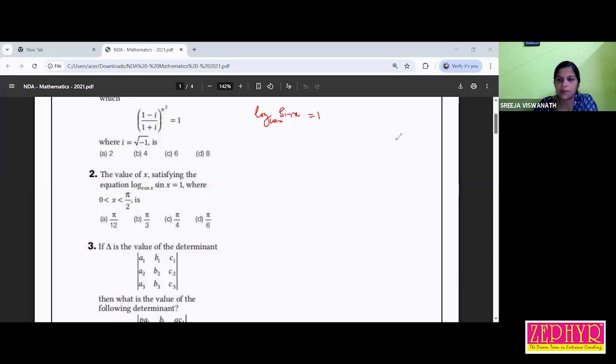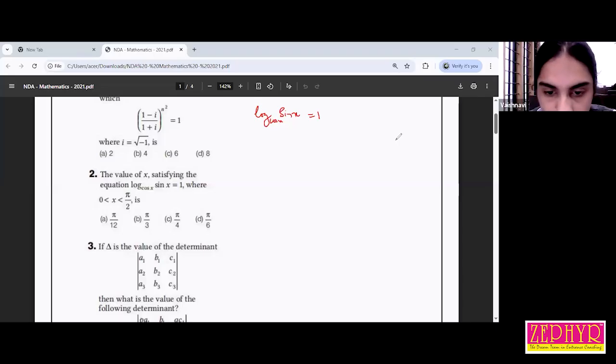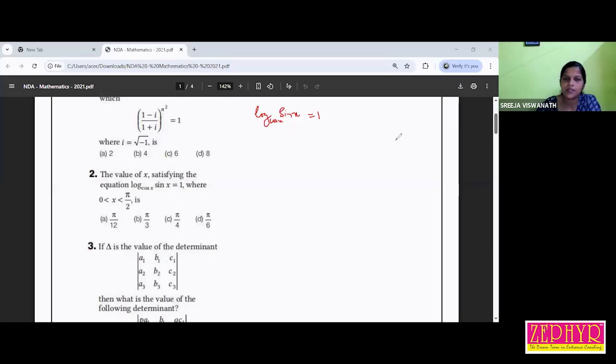How did you do it, Vaishnavi? Ma'am, log sin x to the base cos x is 1, so cos x raised to 1 is equal to sin x. Cos x is equal to sin x only at pi by 4, right? Right. Log sin x to the base cos x equal to 1 means cos x raised to 1 equal to sin x.